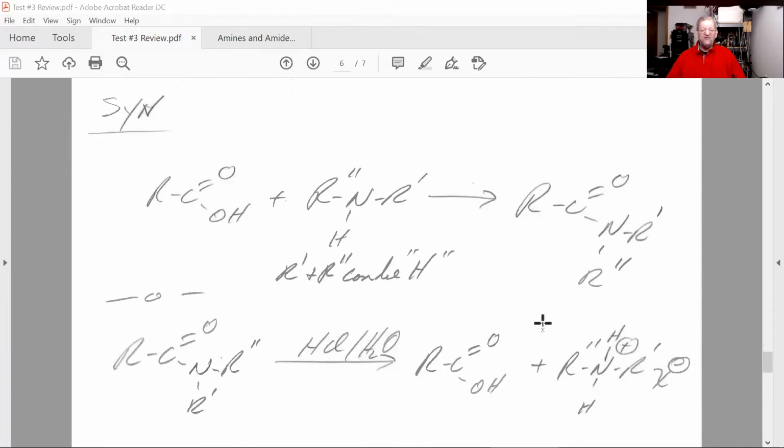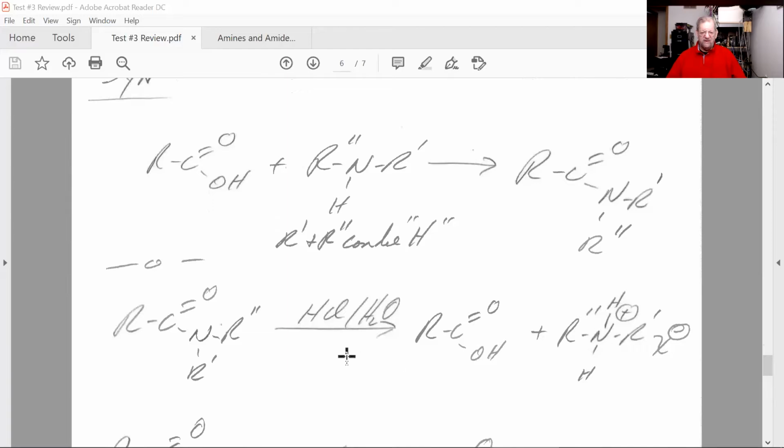Now, once you have an amide, you hydrolyze it with acid and water. I'm going to stick to HCl because that's the acid in your stomach. And we'll learn later on, this is a general reaction, how your body breaks down proteins, which are amides, or amide linkages.